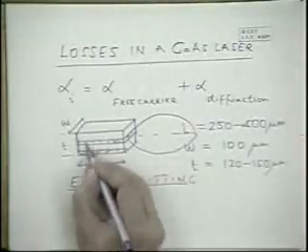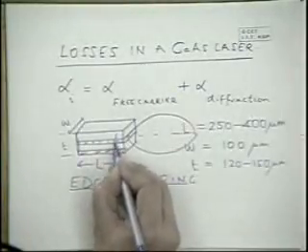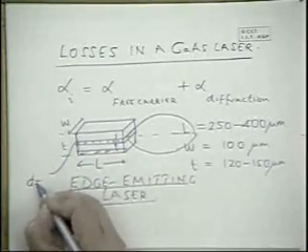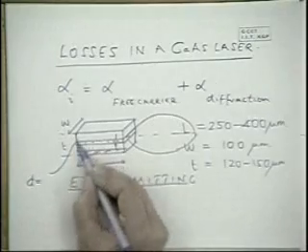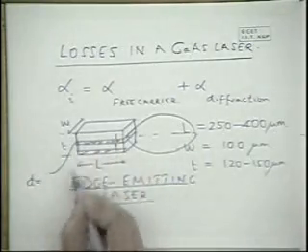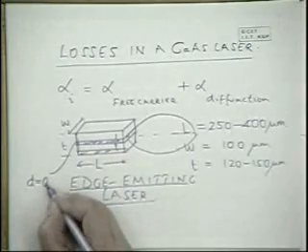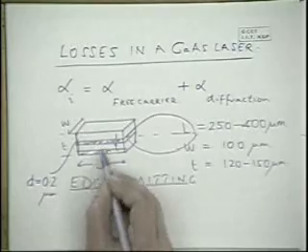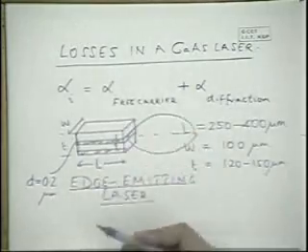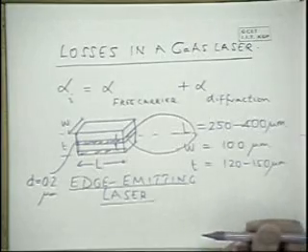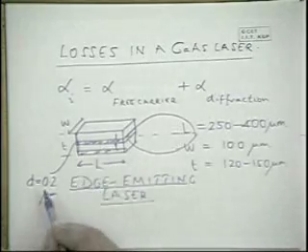Here none of these dimensions are of that order, except this active layer thickness D. These layers could be of the order of about 0.1 to 0.2 microns. The growth takes place by liquid phase epitaxy or MOVPE or MBE.